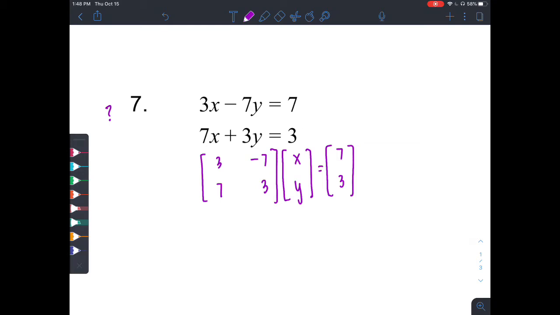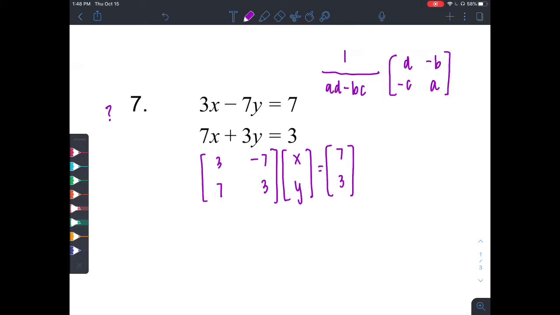So then to solve, we need to multiply by our inverse. We have 1 over AD minus BC times D, negative B, negative C, A.